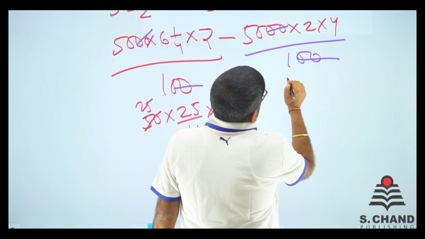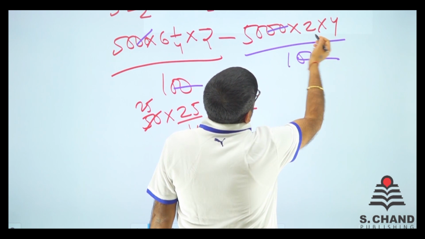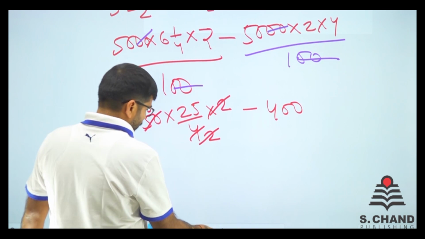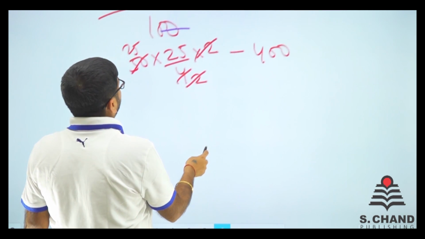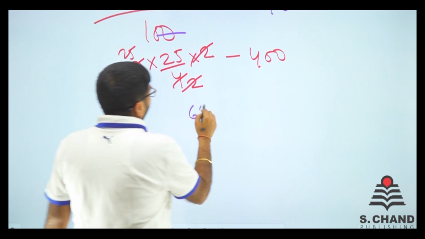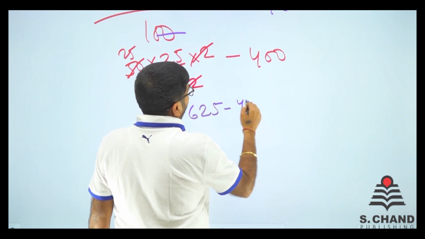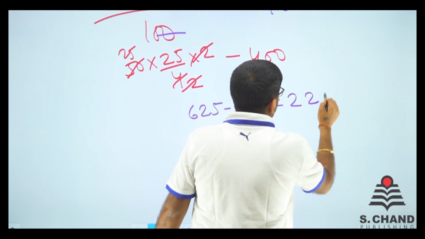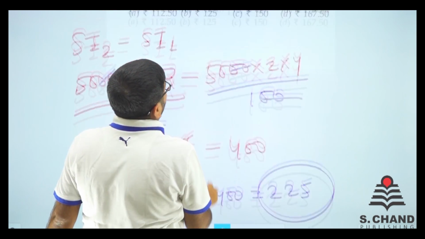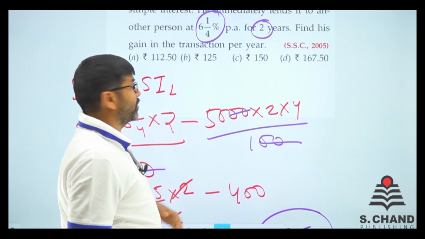Minus 50 into 2 is 100, and 4 into 100 is 400. Further simplify this. So 25 into 25 is 625, minus 400 is 225. So this is the gain the person gained. No option 225, so is the question gone?